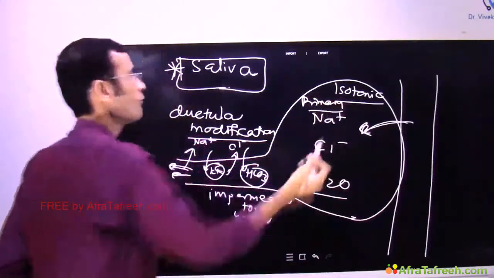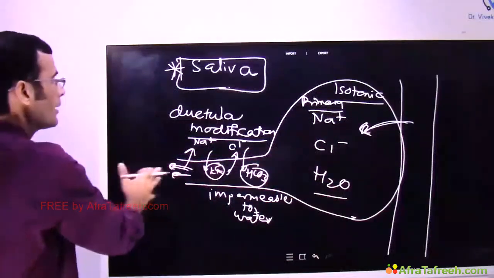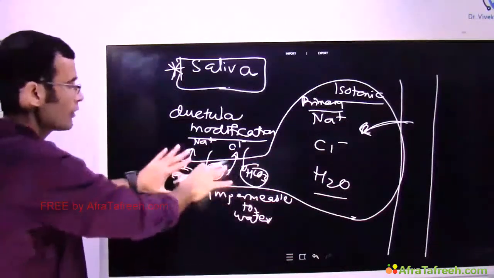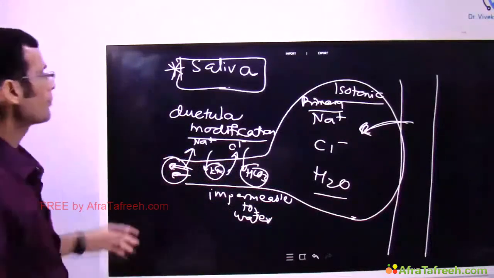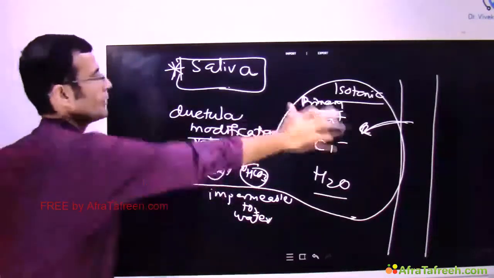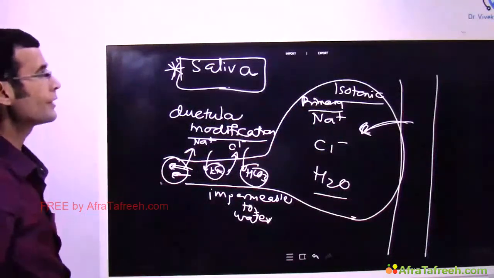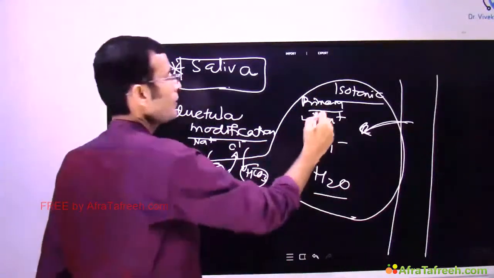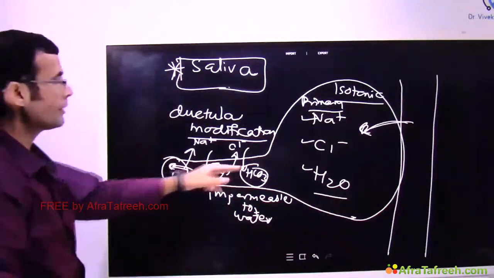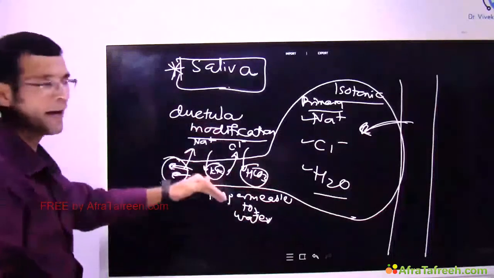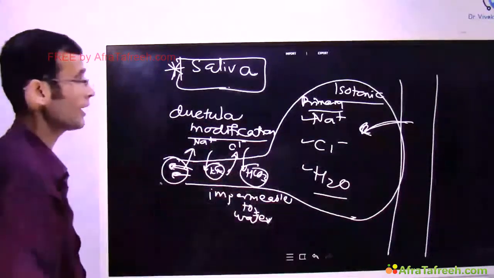When there are high flow rates, the primary salivary secretion will flow very rapidly through the duct. There will be no time for ductular modification, and therefore the final salivary secretion will resemble the primary secretion only. So in that case it will be rich in sodium chloride and water and low in potassium and bicarbonate, which could not be added. There could not be ductular modification if there is a high flow rate of the salivary secretion.